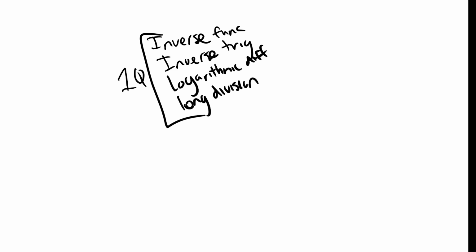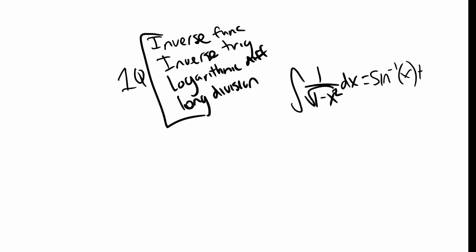Is it an inverse trig integral or derivative equation? It could be either. They're roughly the same in look. Because, I mean, if you integrate 1 over the square root of 1 minus x squared, that's inverse sine plus C. And alternately, if you take the derivative of arc sine, you get 1 over root 1 minus x squared.